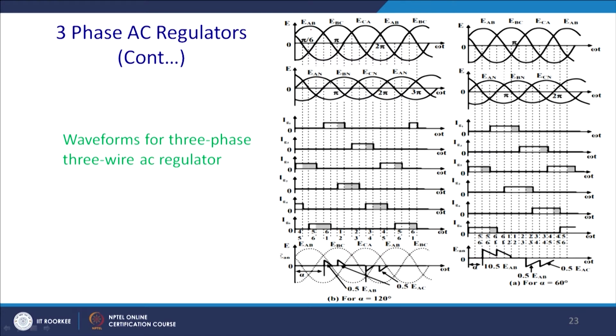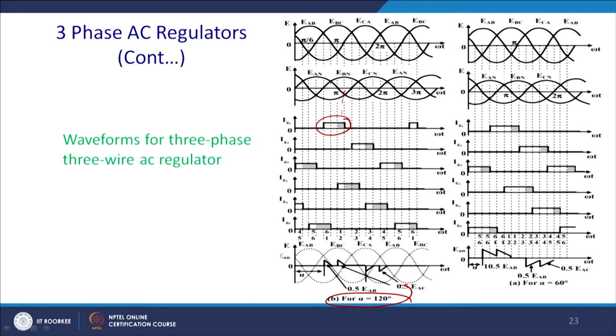Since it is the inversion operation, you give the gate pulse Ig1, and it will conduct for alpha equal to 120 degrees here. So, the gate triggering will be given at an angle of 120 degrees, and it will turn off at this point.